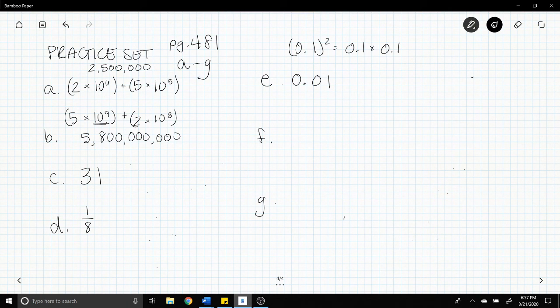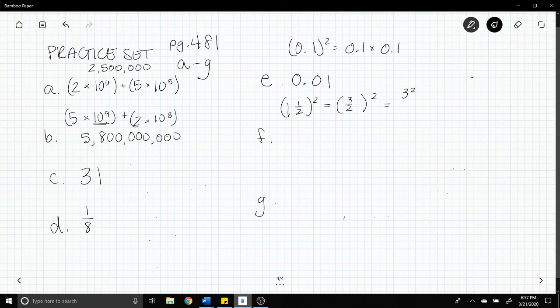And then this next one, we actually didn't do an example like this in class, but we have 1 1/2 squared. Remember, when you're multiplying mixed numbers, you'll want to first turn it into an improper fraction. So turn 1 1/2 into an improper fraction. Evaluate it. I'm going to write this one a little differently since we've already done one fraction problem the other way.